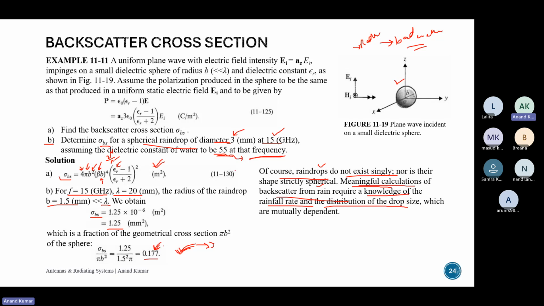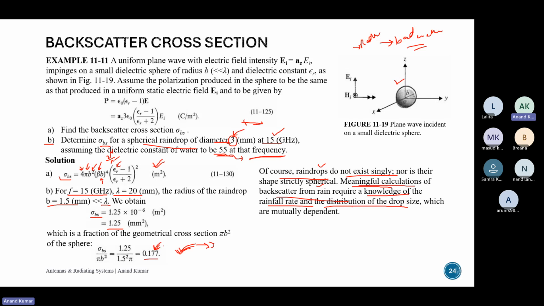So again, drop size is also something we took as 3 mm, that could be within some range. And again the rainfall rate does not mean that there is just one drop or two, three drops. It will be raining, so this will all affect the calculations.